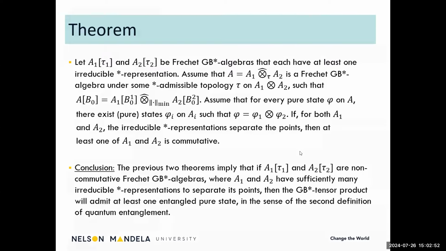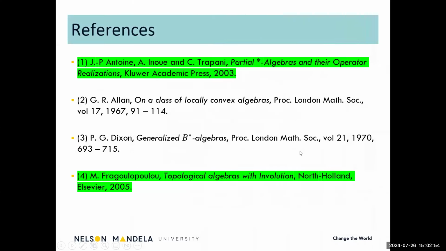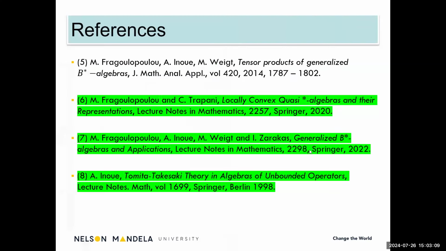Okay, now just a word about the references. I've given a number of references here. The references highlighted in green are texts about topological algebras and unbounded operators, in case you would like to know more about the theory. So the references in green should definitely give you a lot to go on.